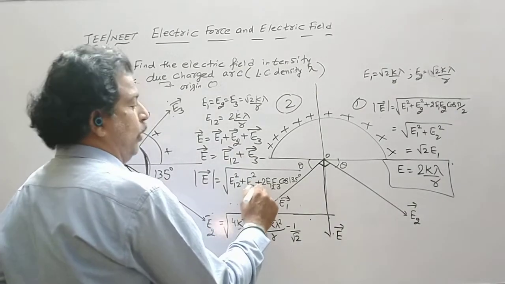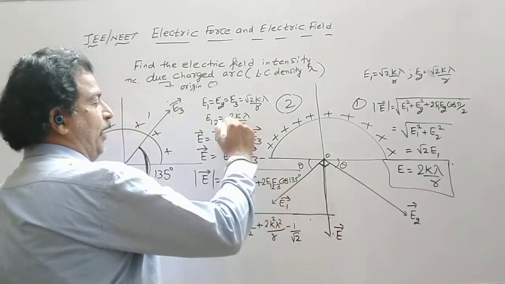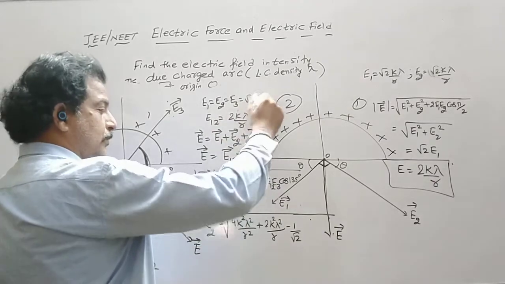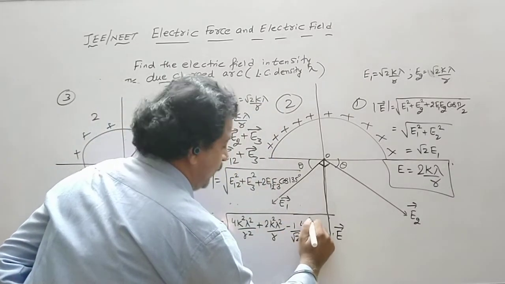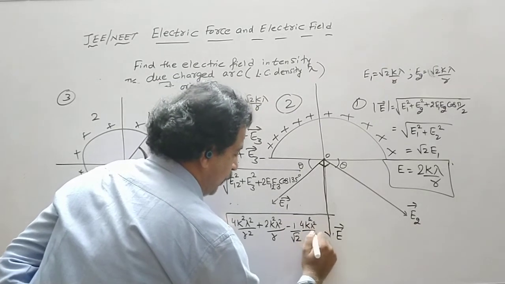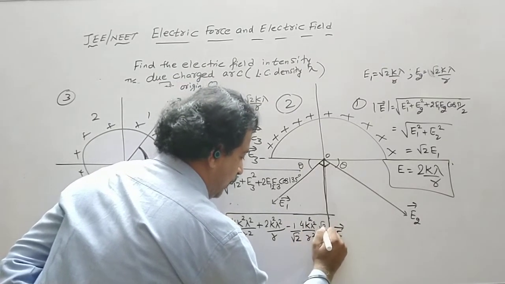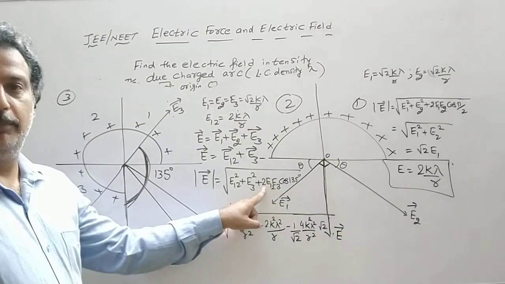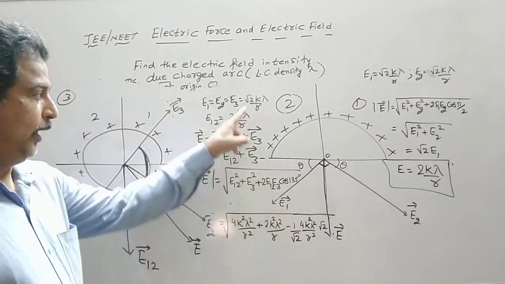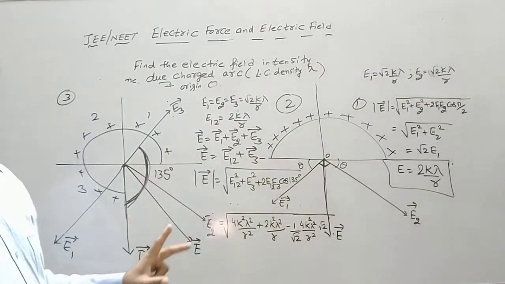Then this 2 and the product. If I do this product and take this 2, it becomes 4 k square lambda square upon r square into root 2. So this is 2 multiplied by 2, that is 4. And then we have root 2 also.